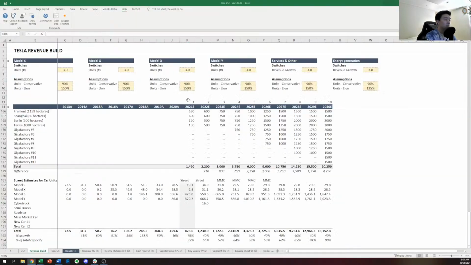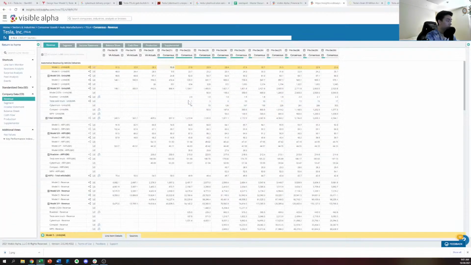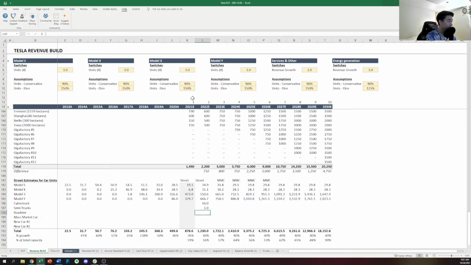Semi truck, 1 million. Roadster, 2 million. Mass market car is going to come out in 2023. That's 0. Okay. Let's use this thing.